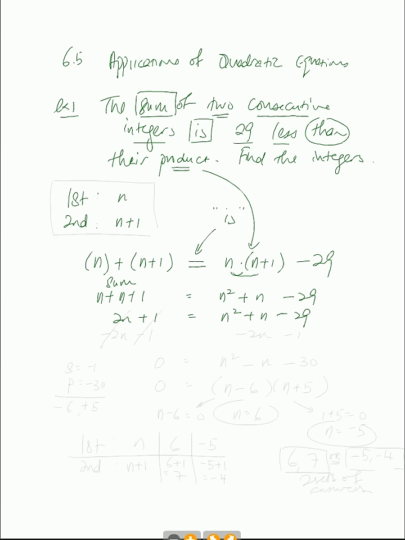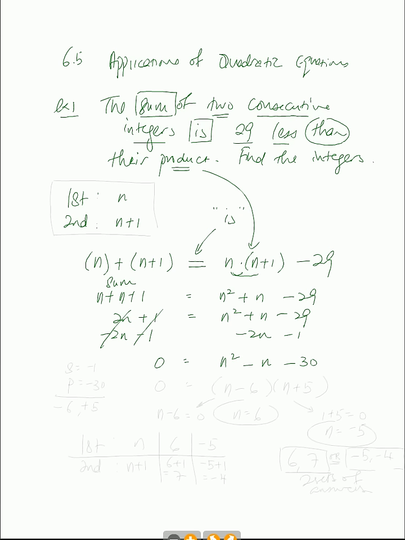So bring everything to the side that has the exponent. Okay, so minus 2n on both sides, and then minus 1 on both sides. So what's going to happen is you're going to end up with 0 on one side, and on the other side, you're going to have n squared plus n with minus 2n. That makes it minus n, and minus 29 with minus 1, that's minus 30.